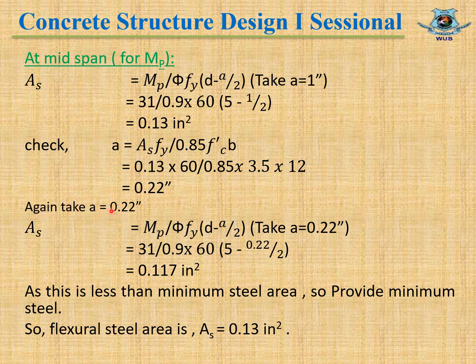Again take a equal to 0.22 inch and steel area As is equal to 0.117 inch square. As this is less than minimum steel area, so provide minimum steel. So flexural steel area is As equal to 0.13 inch square at mid span.